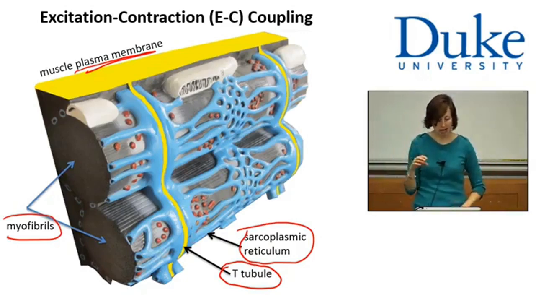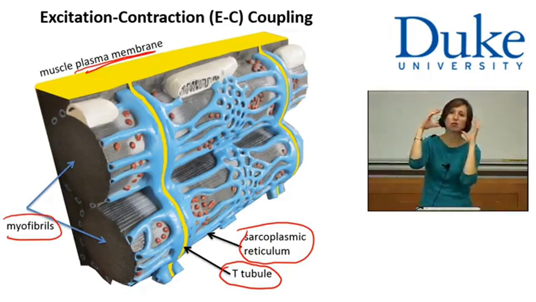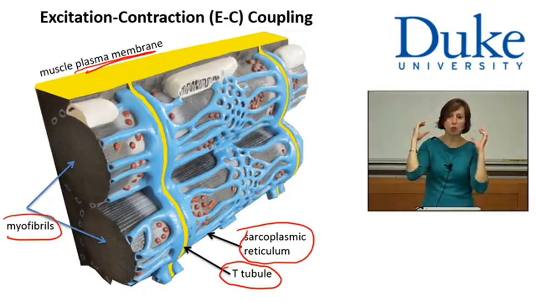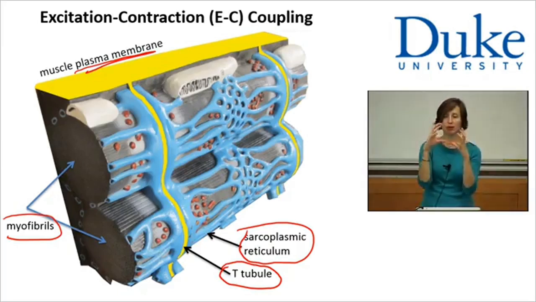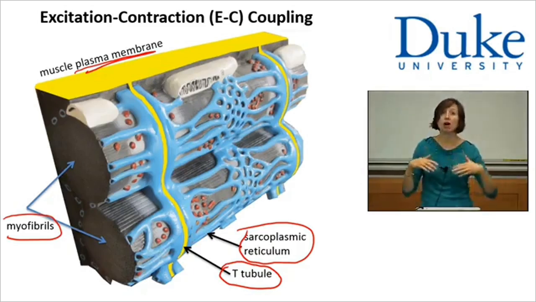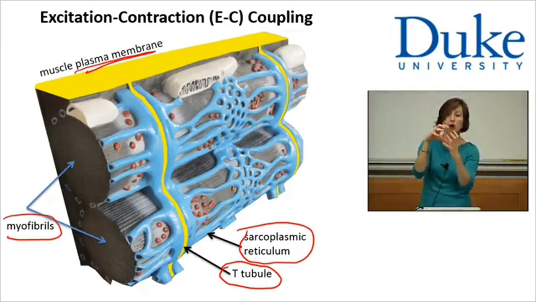You can see how this sarcoplasmic reticulum is wrapping around these myofibrils so that once the action potential travels and we get our EC coupling, the myofibril is going to be bathed in calcium coming from the sarcoplasmic reticulum. And then the sarcoplasmic reticulum will also be in a good spot to reuptake that calcium.